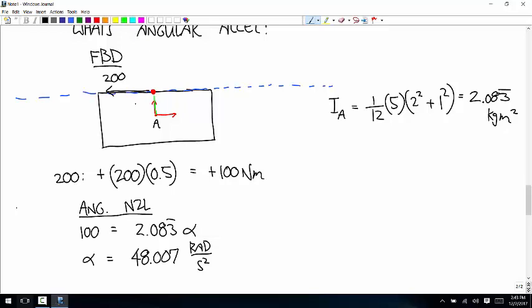Why is it the green line instead of this line? Because the distance that matters is along the thing that's perpendicular to the force. So a line like this isn't perpendicular to the force, but this one is. So that's what matters.